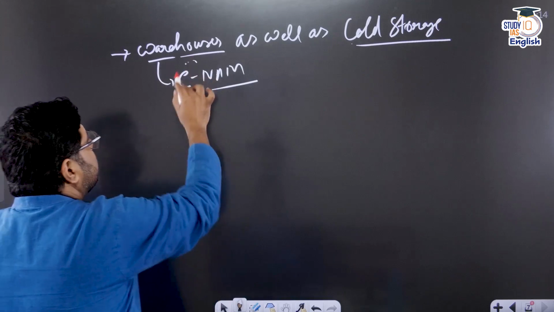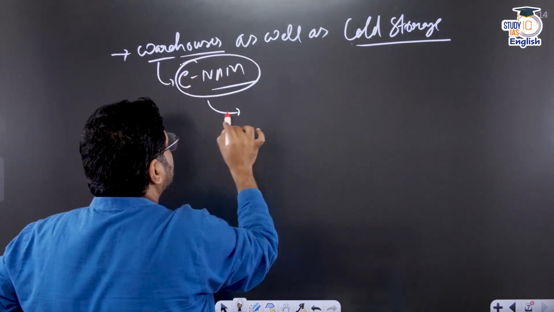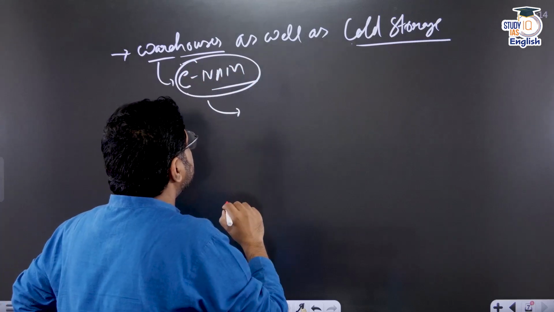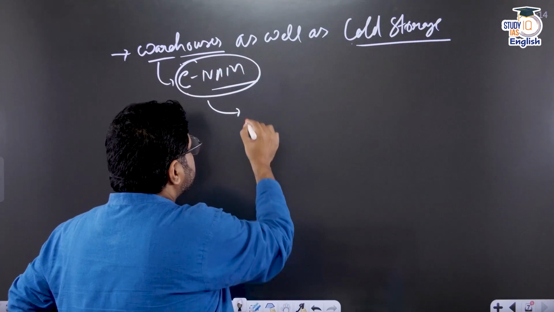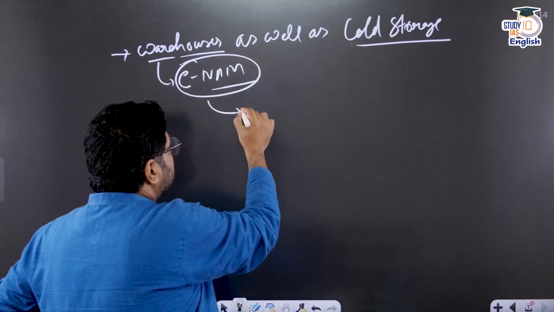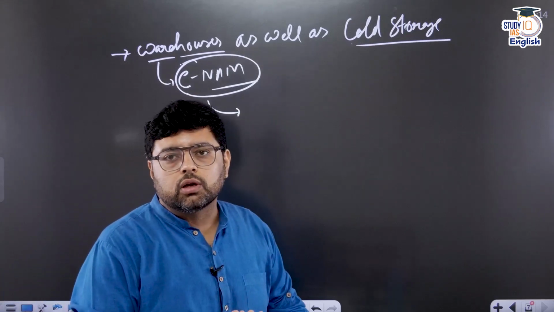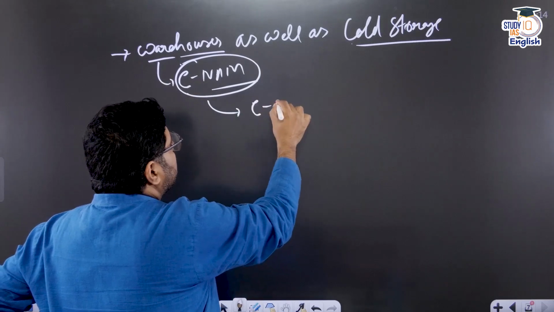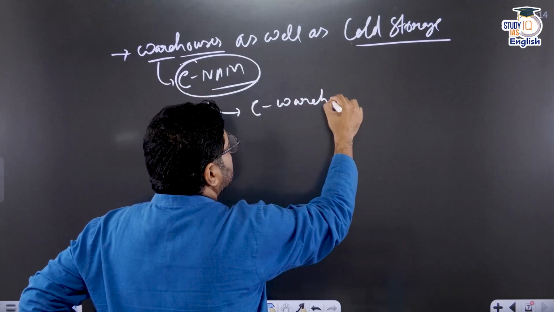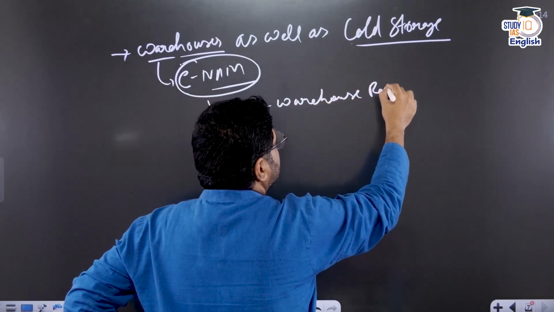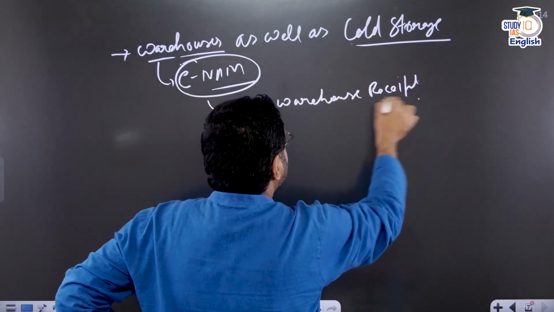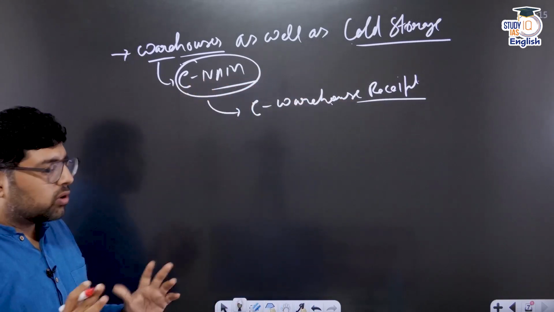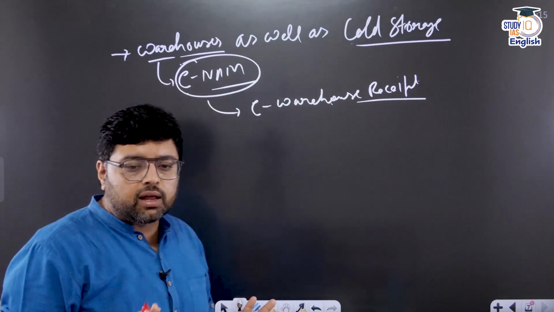So when you study ENAM, you will observe that there is one concept of e-warehouse receipt. So it is somewhat related to that only. Basically through that they are promoting warehouses. Now what is e-warehouse receipt? That we will cover in our coming lectures.